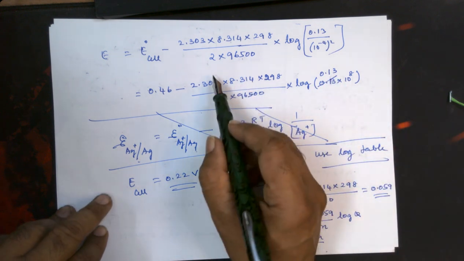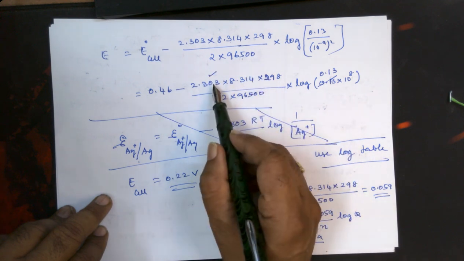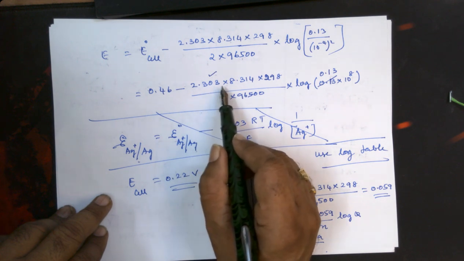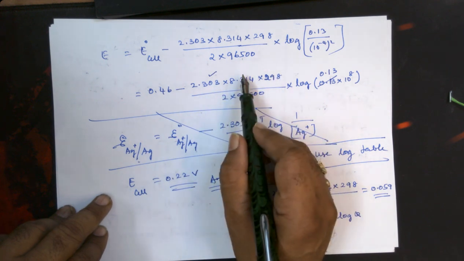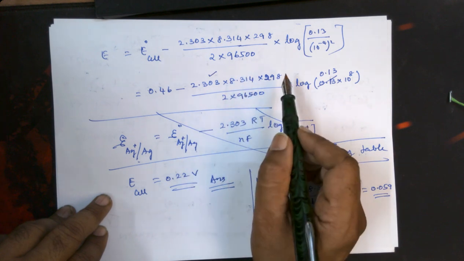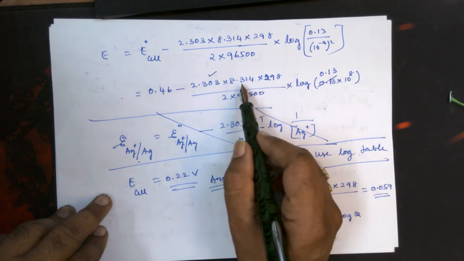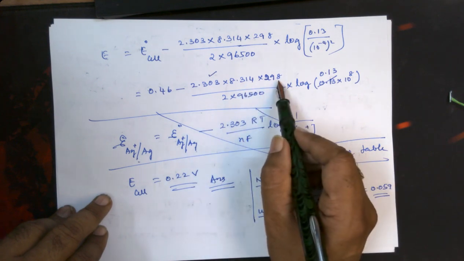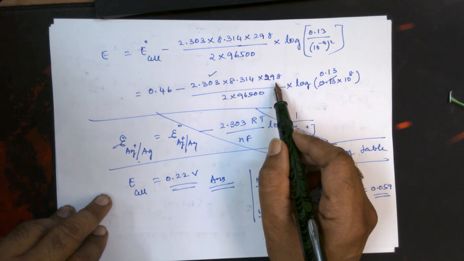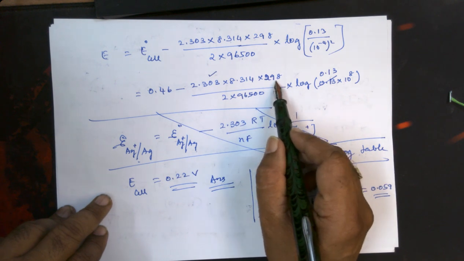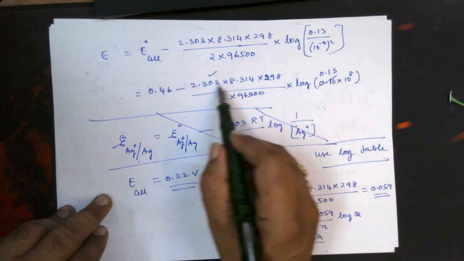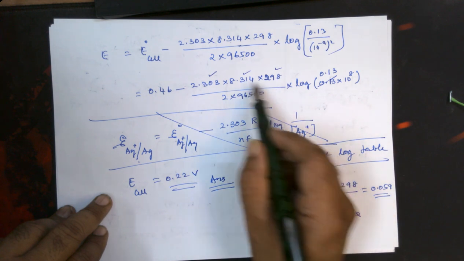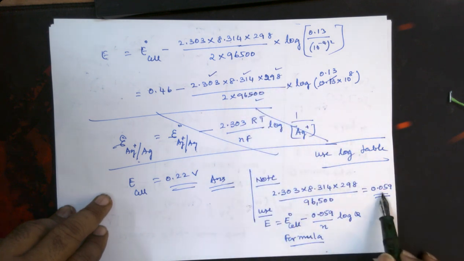So here you should note down, 2.303 is a factor that is introduced to convert natural log to the base 10. 8.314 is also a constant, and T is the standard temperature, that is 25 degrees Celsius, which is given as 298 Kelvin. So all this is put together divided by 96,500. So this value is obtained as 0.059.